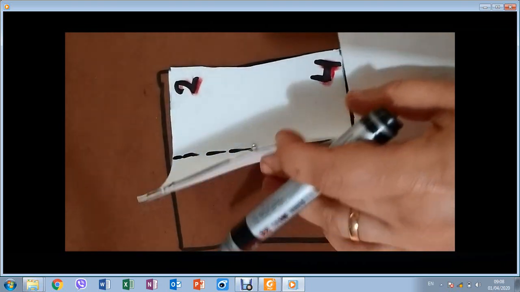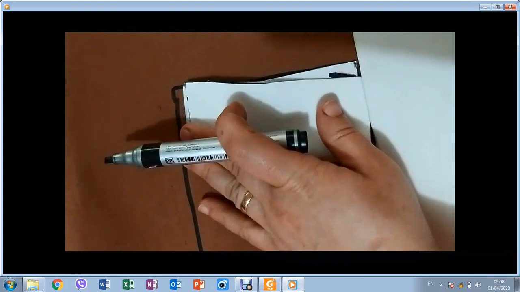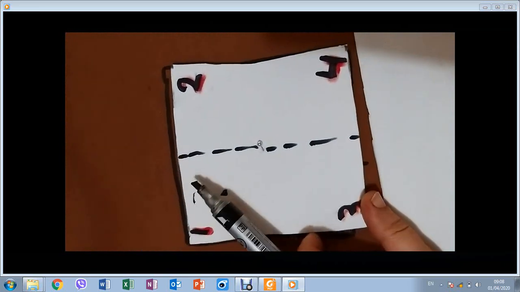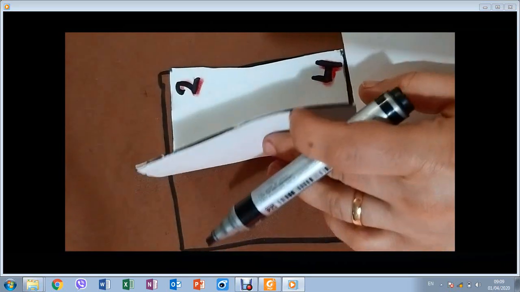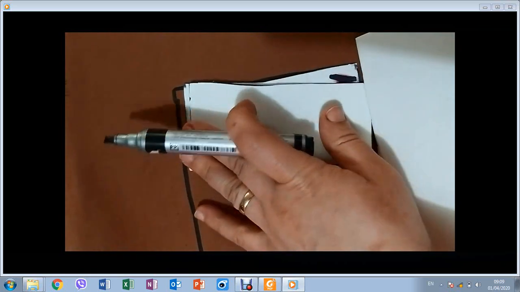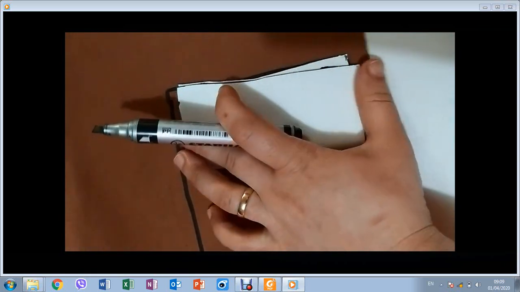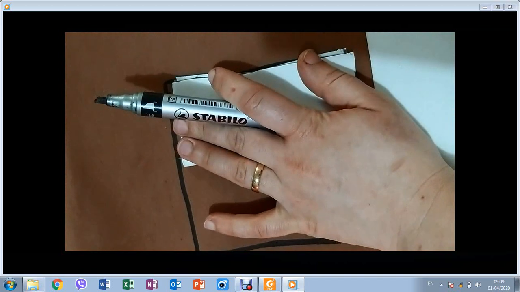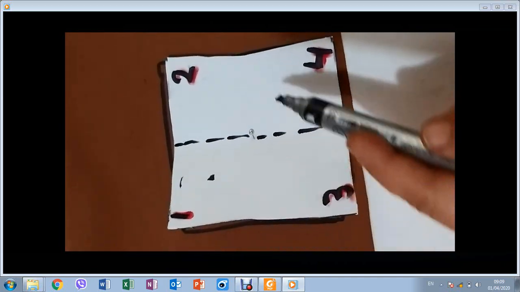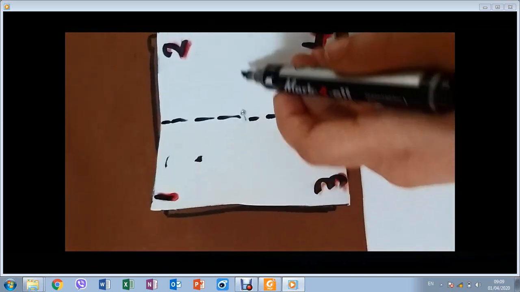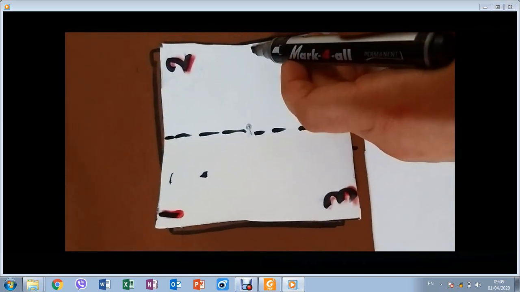When we have the square, look, at first for line symmetry, I draw a line from left to right or right to left in the middle. When I fold this figure, the two parts complete each other. So this is called line symmetry.